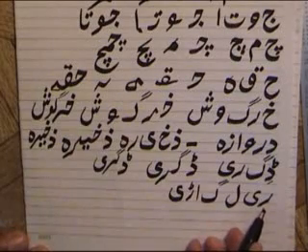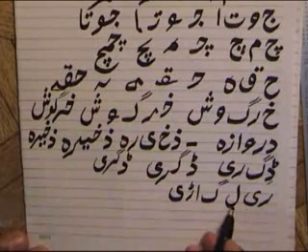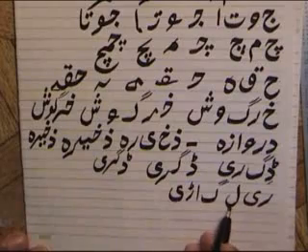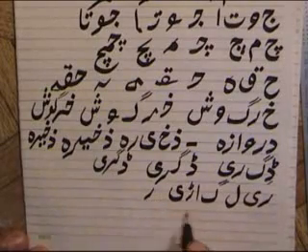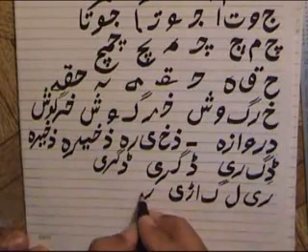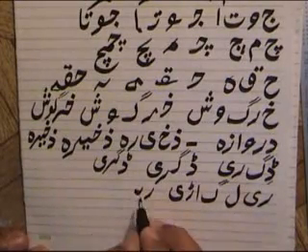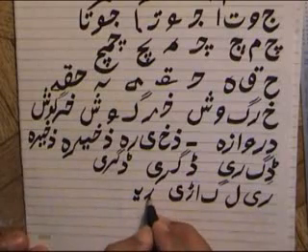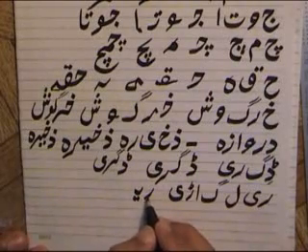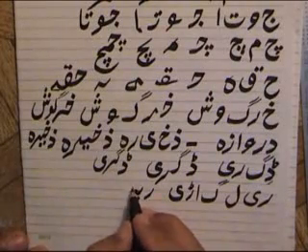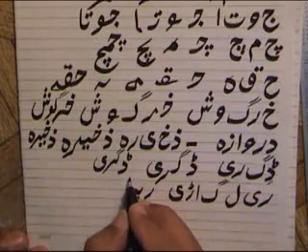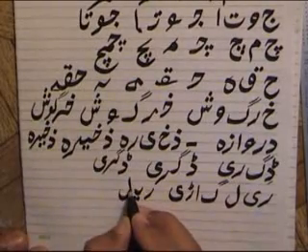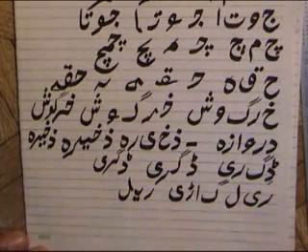So Re is non-connector, Ye is connector, and Lam is connector. So we'll write like this: Re, Ye is connector. So it will assume the initial position because Re cannot connect it with the next letter because it is non-connector. Then Lam will be written here with the connector in the beginning.